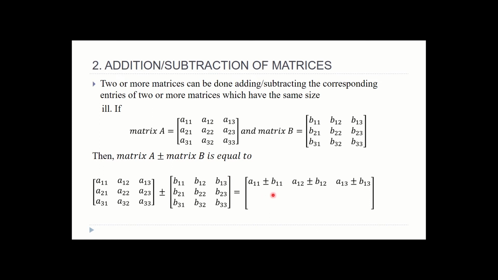For the first element of the second row, you have A21 plus or minus B21. Then for the second element of the second row, you have A22 plus or minus B22. For the third element of the second row, you have A23 plus or minus B23, and so on.